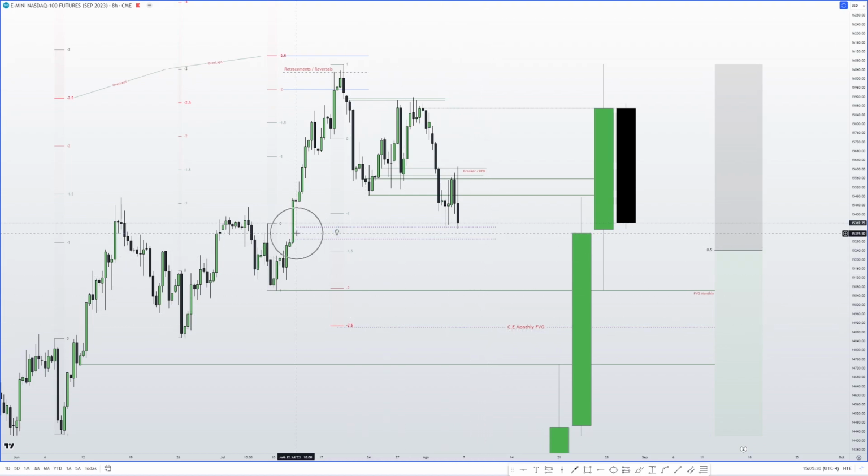This is the supernatural inside the silver bullet zone. Okay, the next moves from the silver bullet zone 1 and 1.5 move to the 2 and 2.5 deviation. This is the standard deviation confluence and synchronization with the high time frame order flow and the high time frame power of 3.